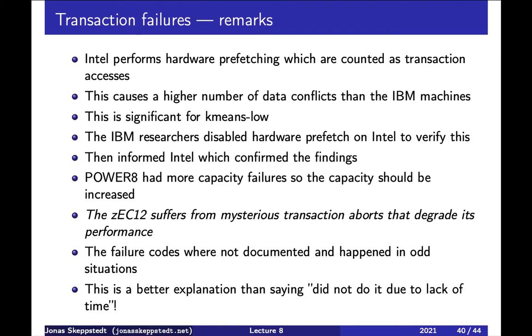One reason for the Intel machine getting quite the number of transaction failures, despite the small cache block size, is that it has hardware prefetching. But what is that?